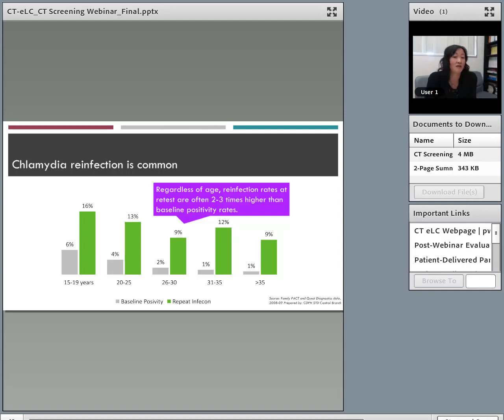And then for folks who've already had one chlamydia infection, you'll see that the repeat infection rate is so much higher. It's anywhere from 9 to 12 times higher in certain circumstances. So regardless of age, reinfection is much, much higher. And for the 31 to 35-year-olds, there's a 12-fold difference.